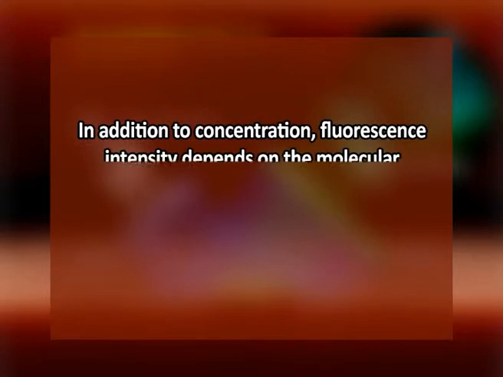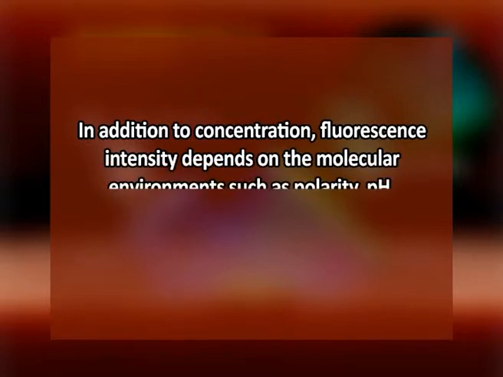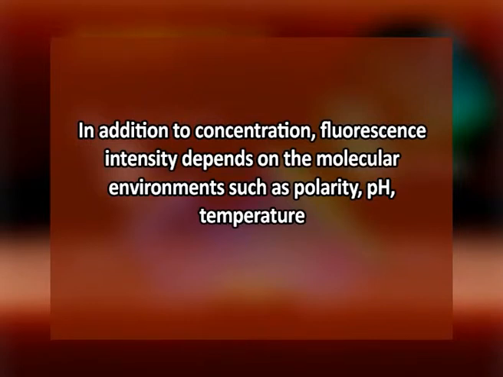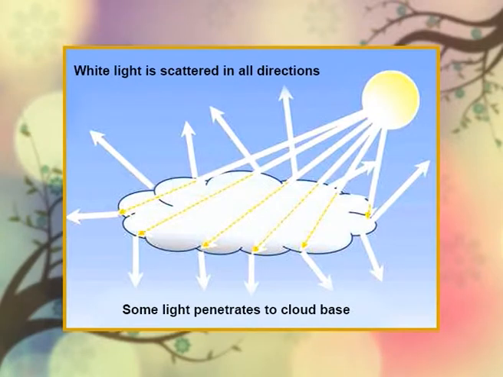In addition to concentration, fluorescence intensity depends on the molecular environment, such as polarity, pH, temperature, etc. Scattering of light is also a phenomenon that may disturb the measured fluorescence signal. Light is primarily scattered by small particles in the samples and is observed by the fluorescence detector as false emitted light.